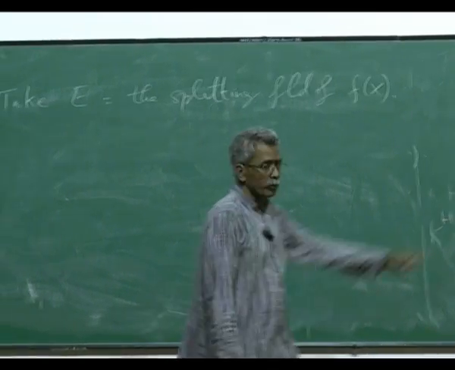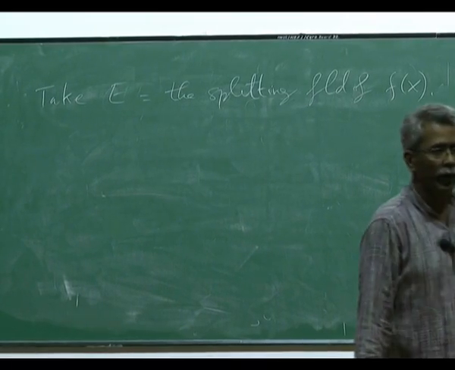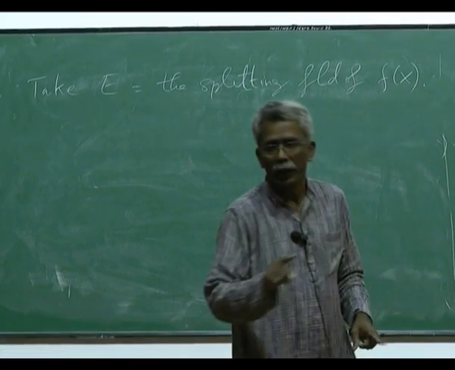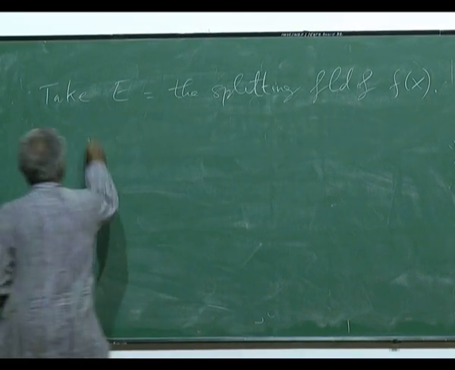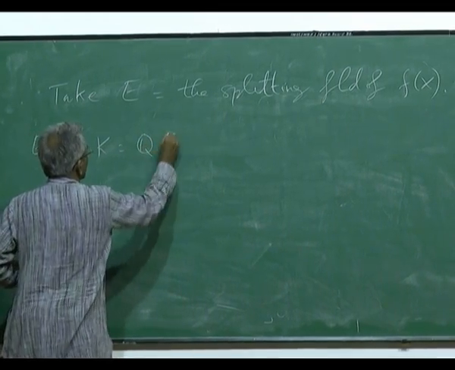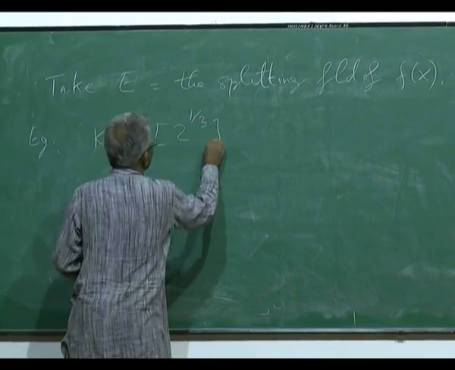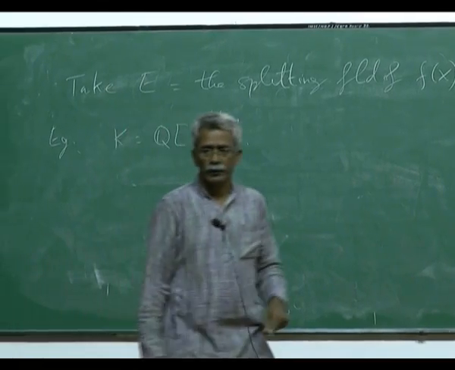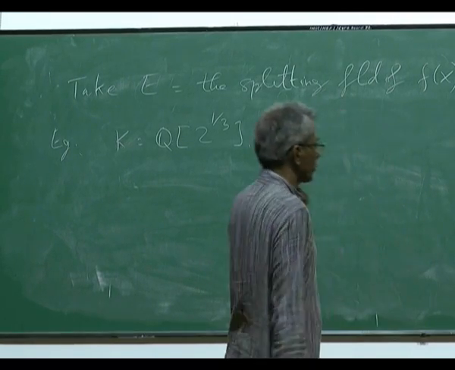Okay. So, I am going to illustrate this in the context of the extension Q adjoin cube root of 2. So, K is Q adjoin 2^(1/3). This was not a normal extension, right, but we want to embed it in a normal extension.